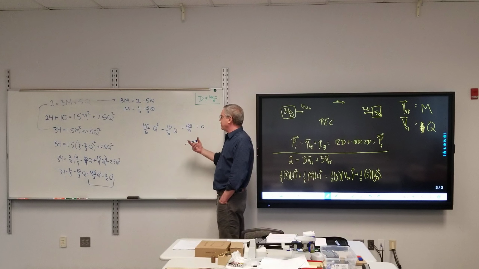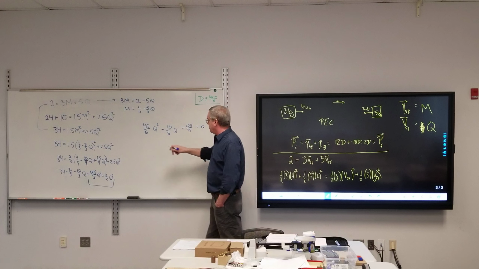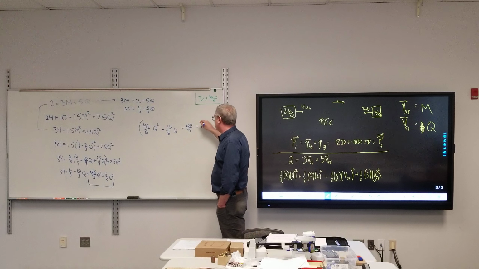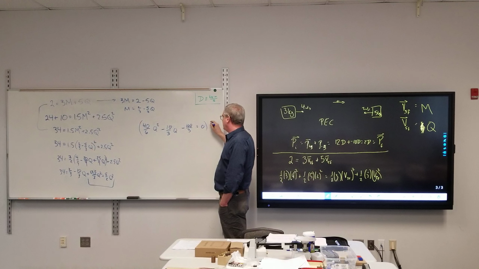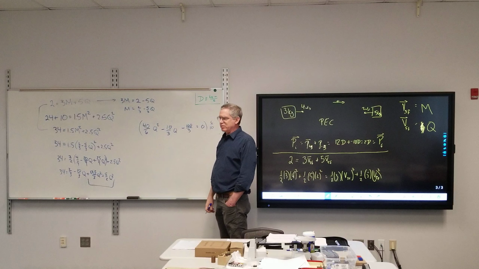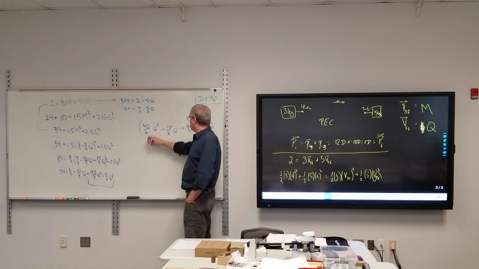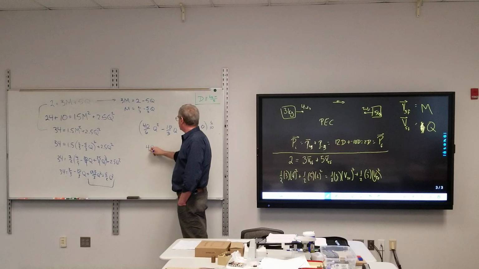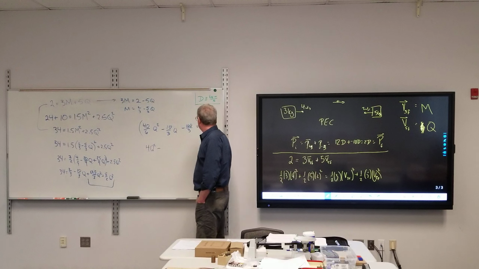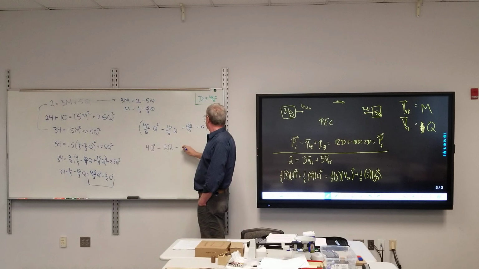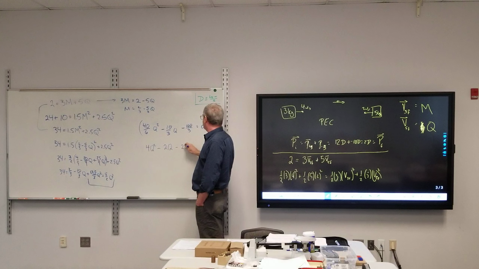Actually, before we use quadratic, I am gonna do something else. I'm gonna multiply everything by 6/10, just to simplify the numbers here. So this would end up being 4q squared minus 2q minus 20 equals 0.